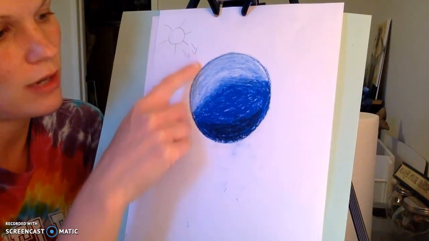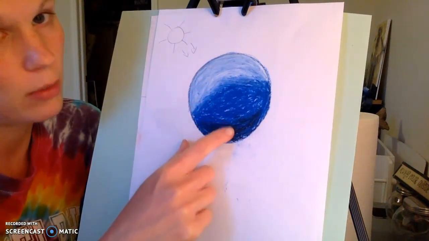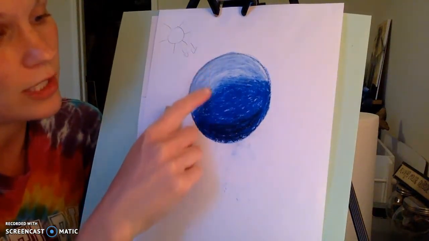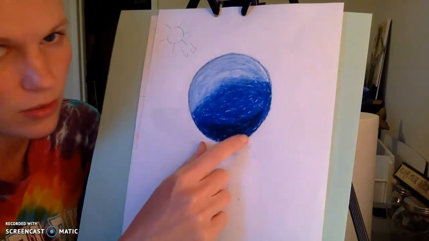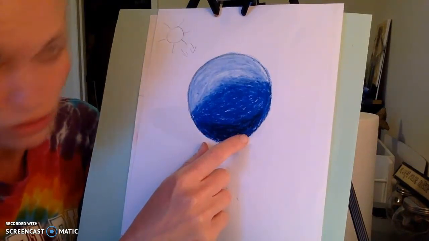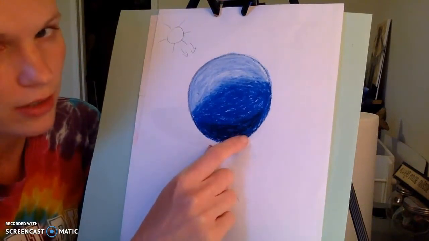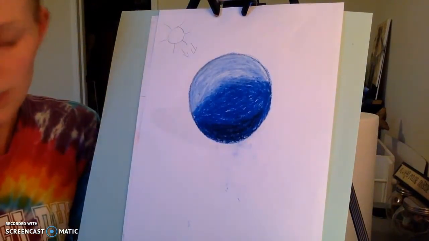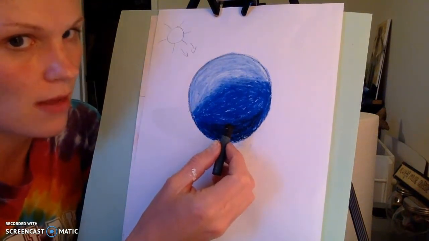And as the light travels around the sphere, it becomes less bright. So it creates a darker value, and then underneath the sphere is where no light is being shined upon. So right here would be the shadow, and the shadow takes the shape of the object that it's underneath.